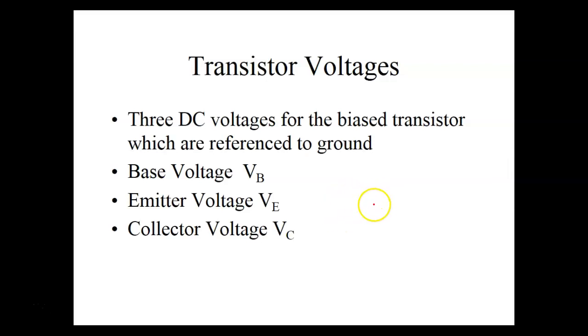So if I was to come over here and draw this circuit right here, this is actually an amplifier called a common emitter amplifier, and it is the predominant amplifier, guys.